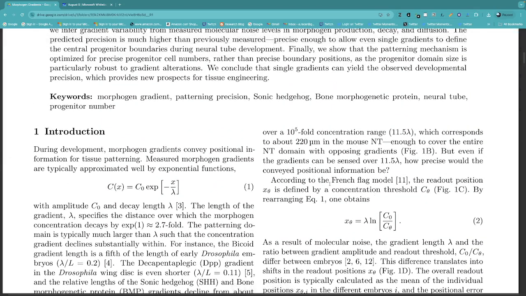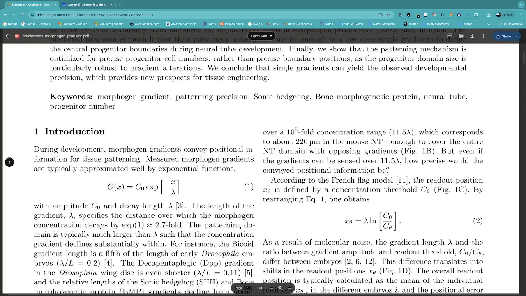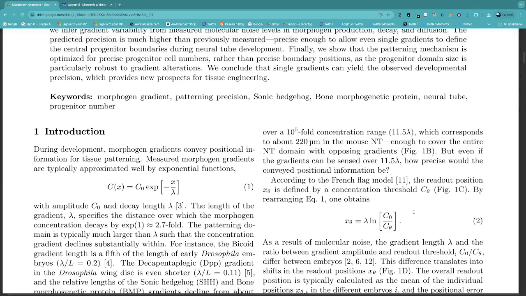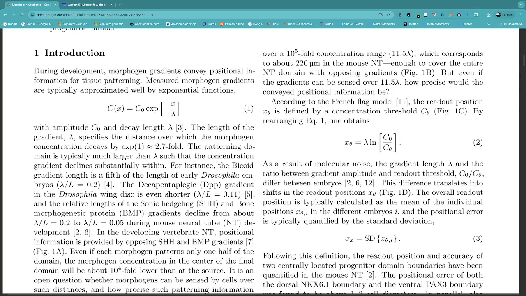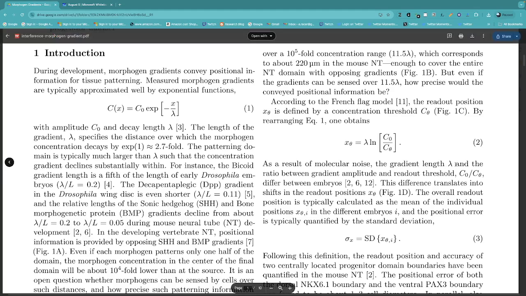So they talk about the French flag model, which is of course a famous model of morphogenesis, and the readout position is defined by the concentration threshold C. By rearranging this equation, one obtains this equation. As a result of molecular noise, the gradient length lambda and the ratio between gradient amplitude and the readout threshold differ between embryos.